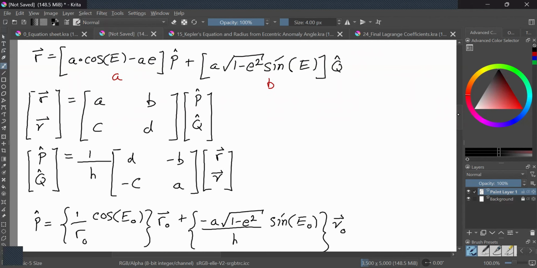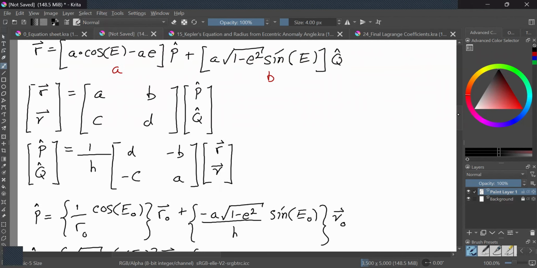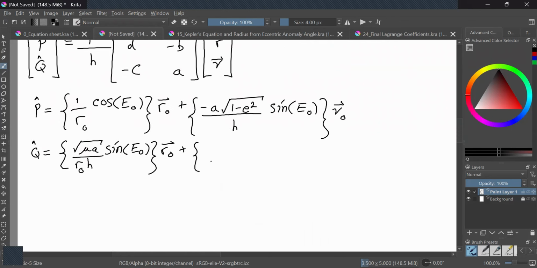Now a is a times cosine e minus a times e, all of this divided by h. So a by h times the cosine of e naught minus a times e divided by h, scaled by the v naught vector.